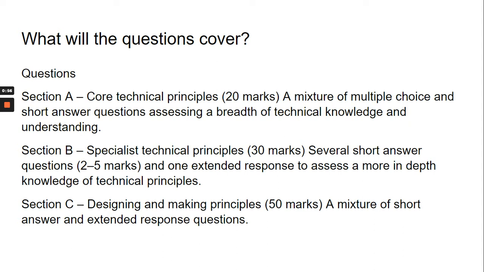The specialist technical principles are focused on one material area, and they're a bit longer, a bit more extended responses. And then designing and making principles, which is half the paper, is a mixture of short and extended response questions about things like sustainability, the design process, specifications and that sort of thing.